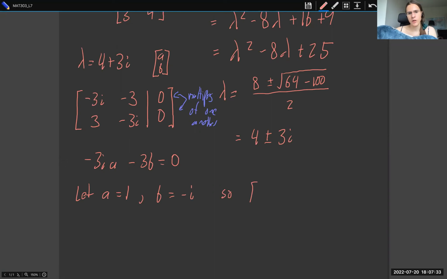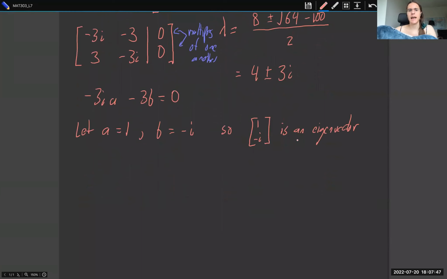So (1, -i) is an eigenvector. And this tells us that we have a solution, and the solution is (1, -i) times e to the (4 + 3i)t.